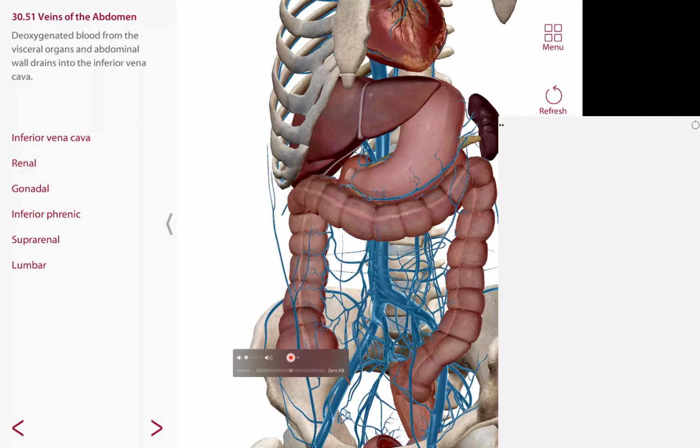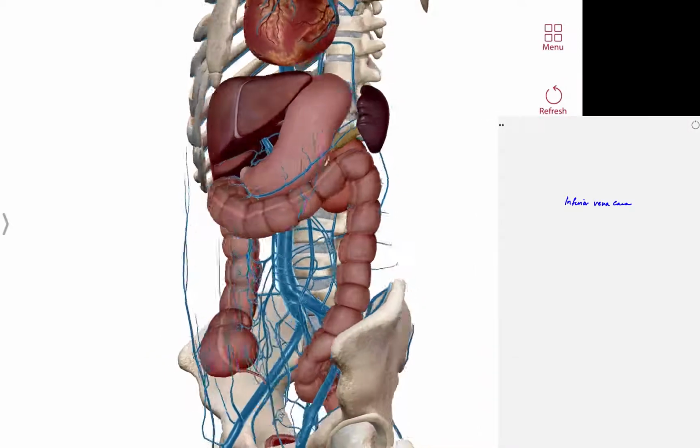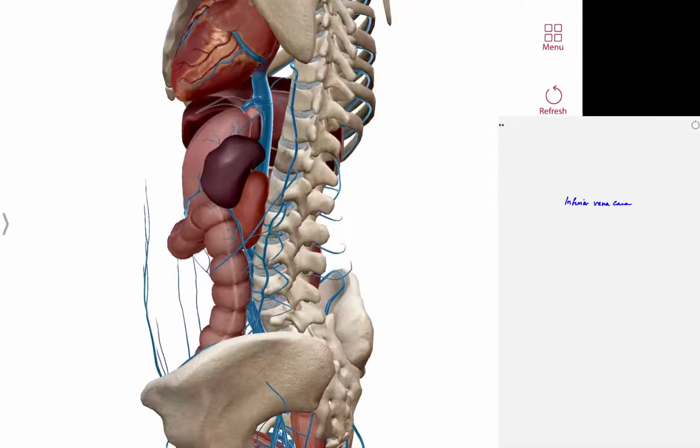Now we need to start working through the veins of the abdomen. And just like we saw with the veins of the thorax, you're going to see a lot of similarities to the arteries. So first off, everything is going to be draining into the inferior vena cava.